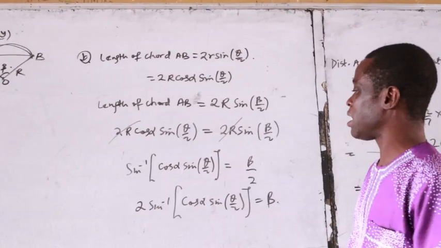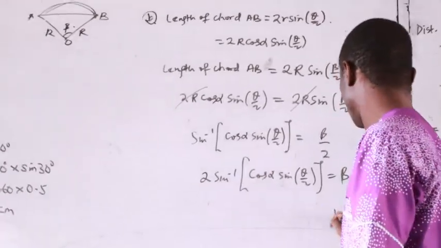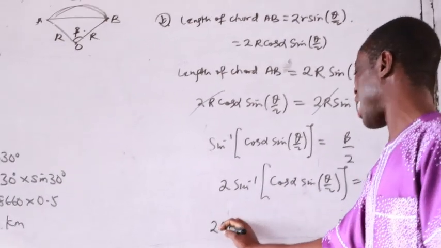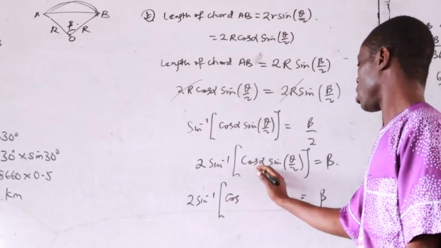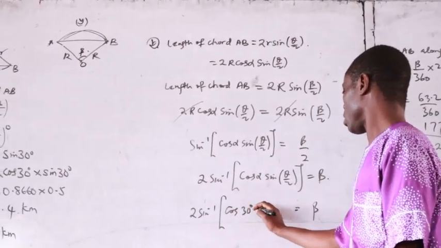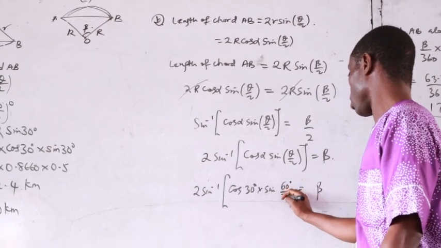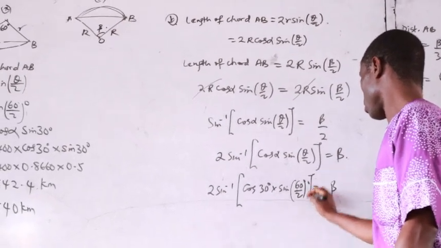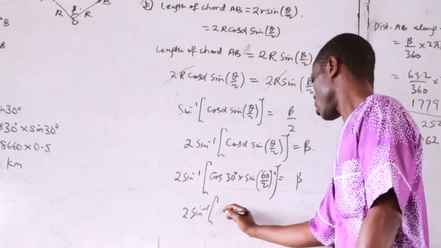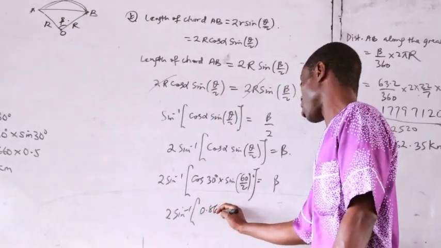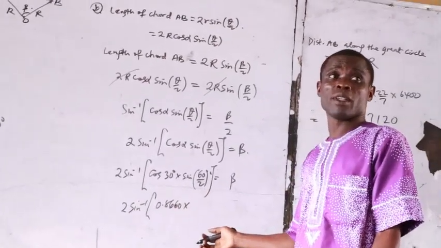Now, to get that shortest distance, let us first get the angle. Beta equals 2 arc sine of cos 30 times sine 60 over 2. Now 2 arc sine of 0.8660 times sine 30, where sine 30 is 0.5.